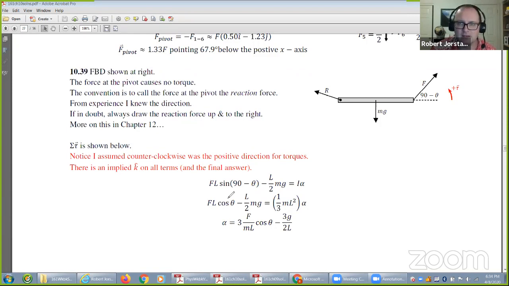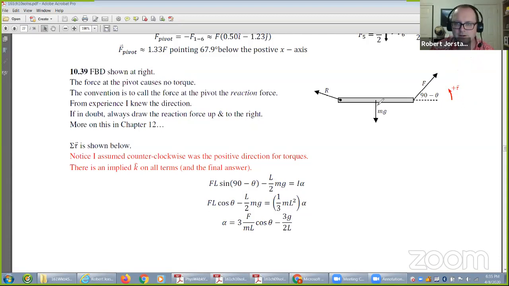Now, and again, it's positive because this force would tend to rotate this thing in the direction I chose to call positive. Just like in some physics problems, we call downwards positive. In this problem, I chose to call the standard math way positive. Why not start that way?